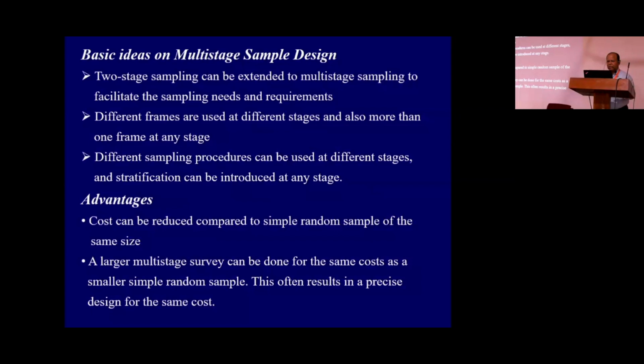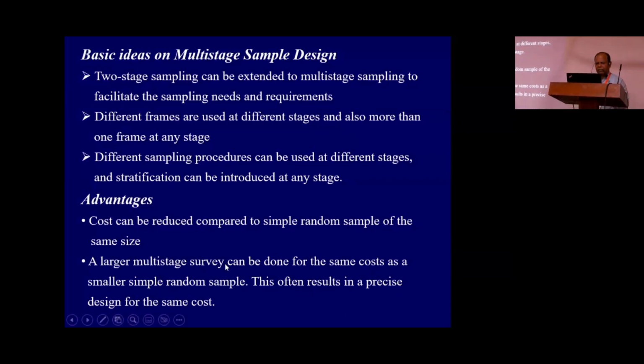So these are some of the multi-stage sampling advantages that you can read and find out. And as I said, the cost can be reduced and so on. This is what is important: different frames are used at different stages, and also more than one frame at any stage.